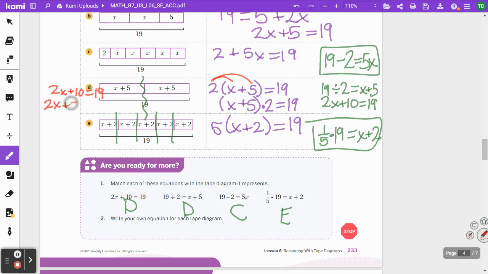Maybe you say 2x plus 5 plus 5. I don't know why anybody would do that, but it is an equivalent equation to that. For instance, up above, you could say x is equal to 19, take away 2, all of that split into then 5 parts. So you could have all sorts of different equations for each of these.